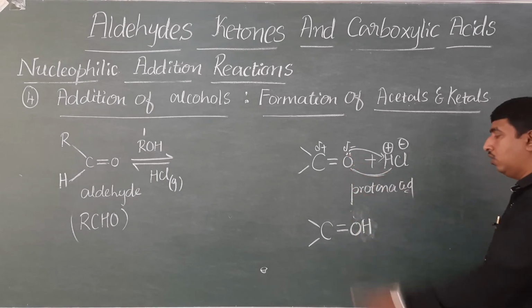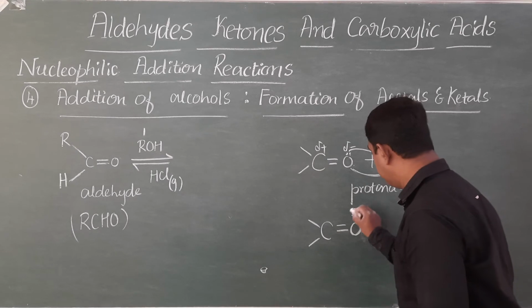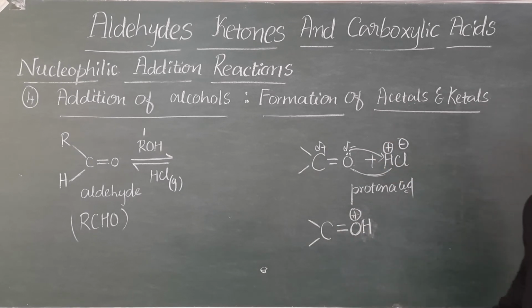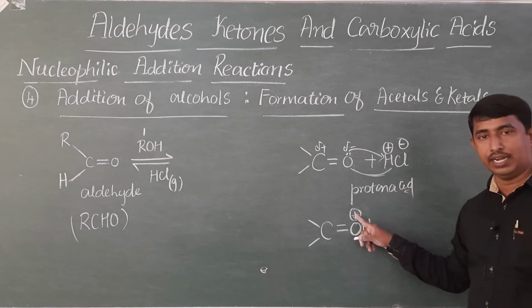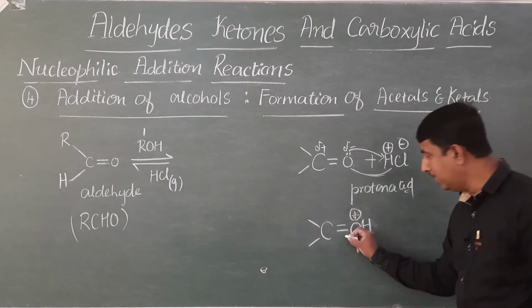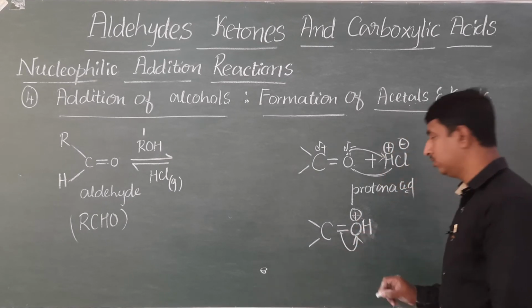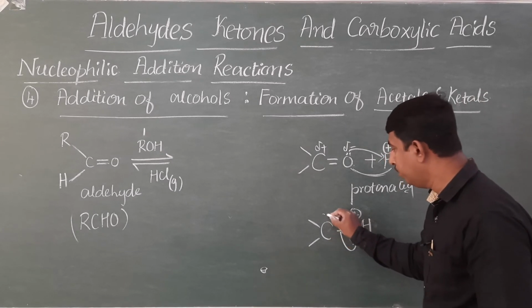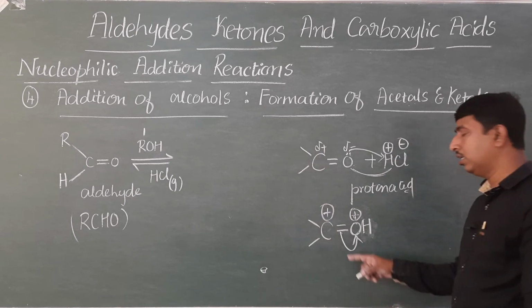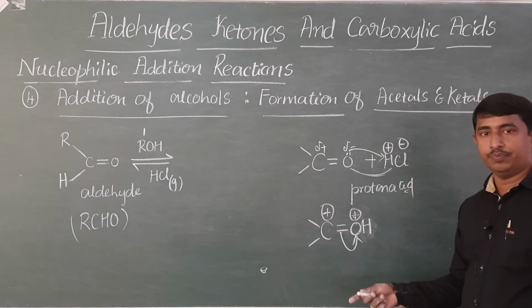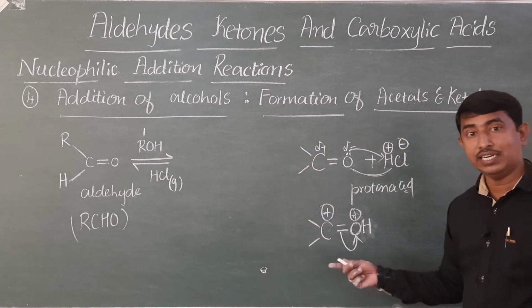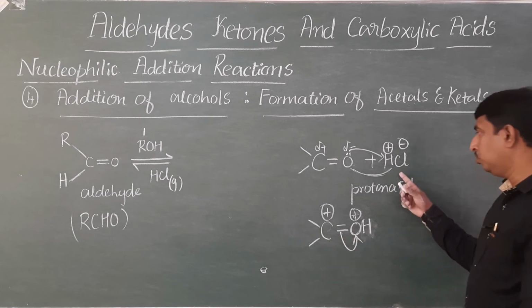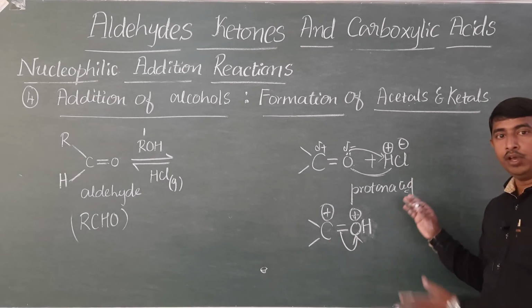Because of the loss of this lone pair, positive charge is created upon oxygen. So once positive charge is created, this oxygen readily attracts these electrons. As a result, the electrophilicity or positive charge upon carbon increases due to protonation. Hope you are following.